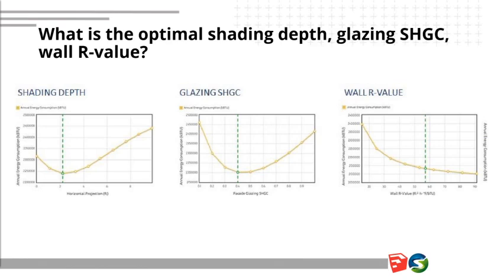However, windows also represent a major source of unwanted heat loss, discomfort, and condensation problems. Energy efficient windows make your home more comfortable, dramatically reduce your energy costs, and help to create a brighter, cleaner, and healthier environment. Windows can severely impact the heating and cooling loads of a building.